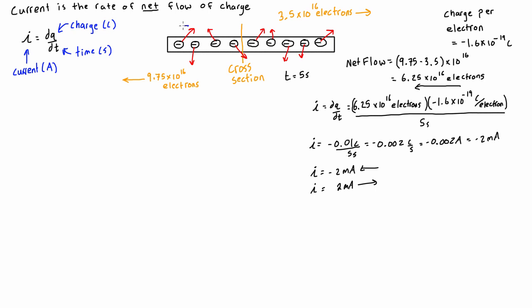Because electrons are negative charges, we generally consider positive current to be in the opposite direction of electron movement. This is referred to as conventional flow. Considering positive current to be in the direction of electron movement is referred to as electron flow, but that's an outdated way to do it. So I'll always consider the positive current direction to be opposite from the electron movement.